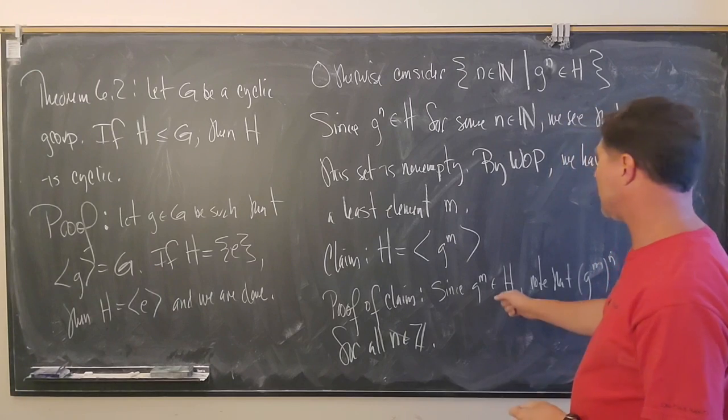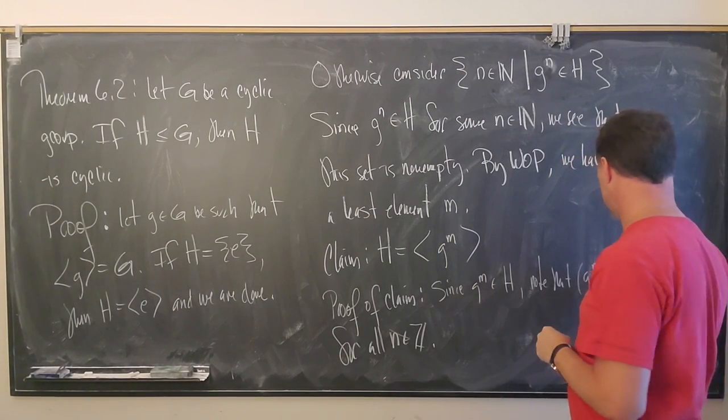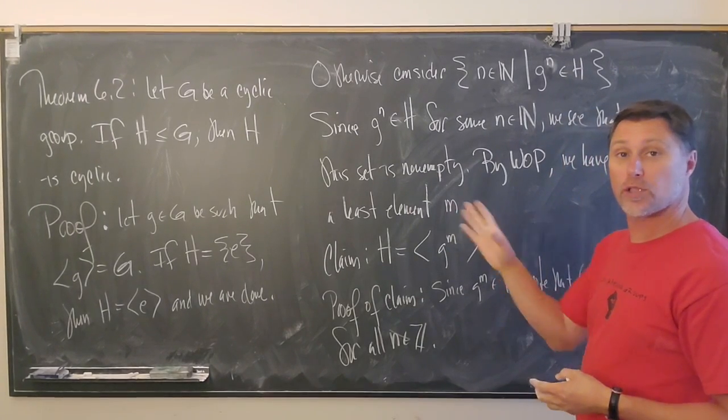Why is that? Well, it's because H is a group, so it's closed. Which means that g to the m raised to any power, since g to the m is in H, any power of g to the m also has to live inside H.